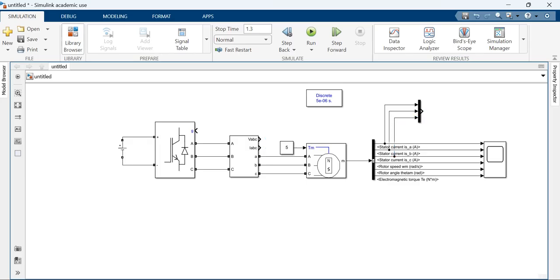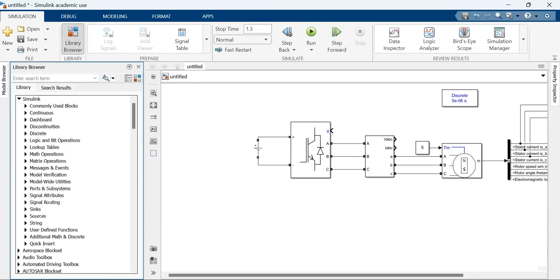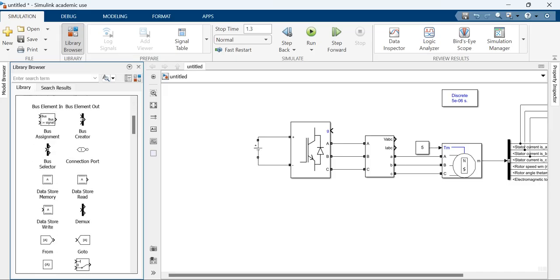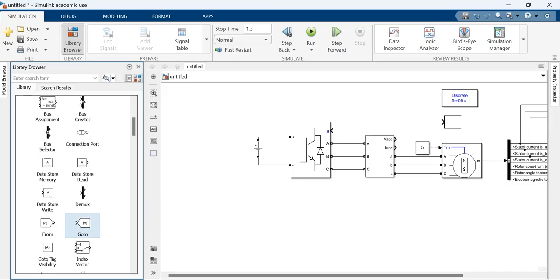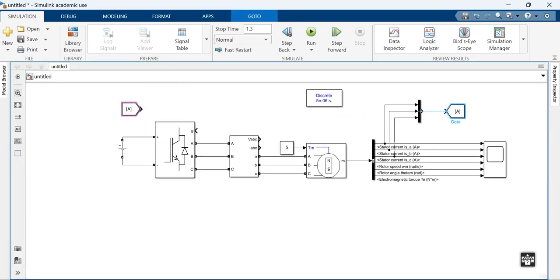And I have a block called go to, which is a label. In signal routing, I have a go to block. Use this, and I need a from also. So let me take these 2 blocks, go to block, and I connect. I reduce the size of this so that it looks good. Double click on this.